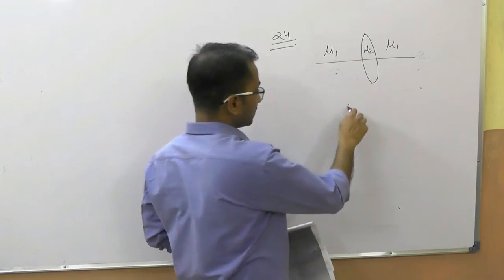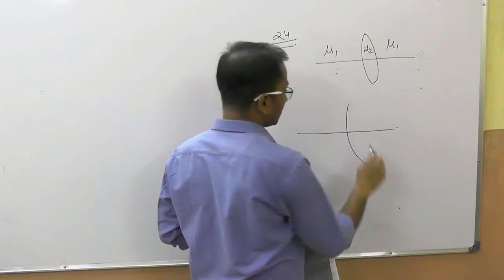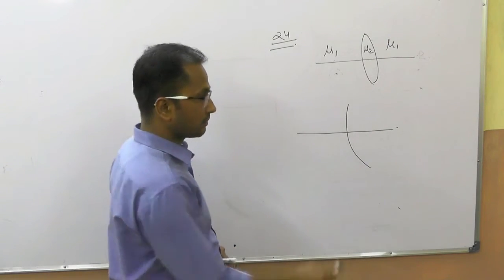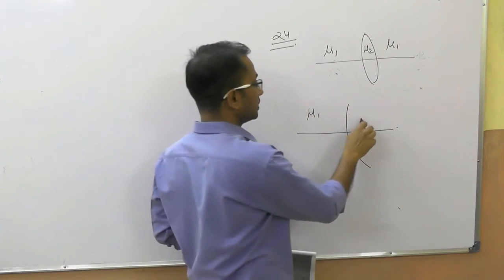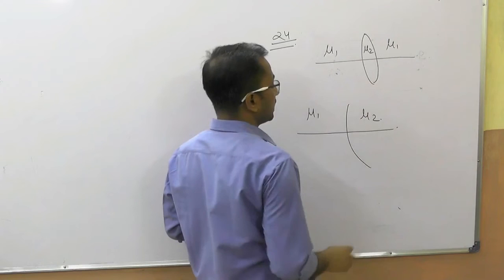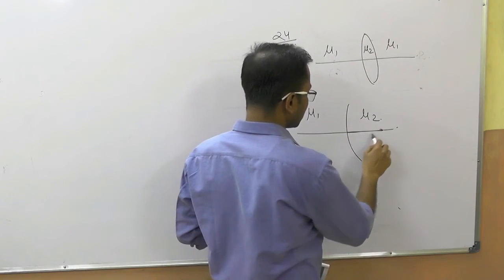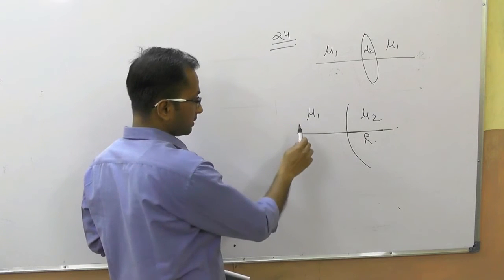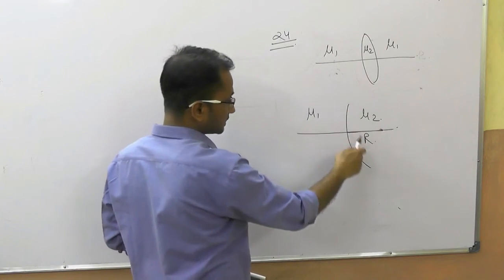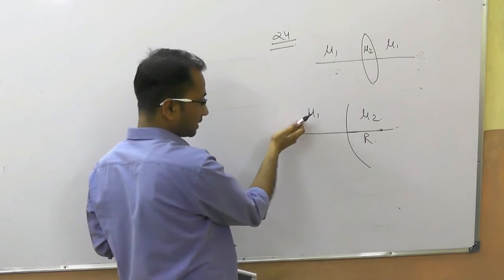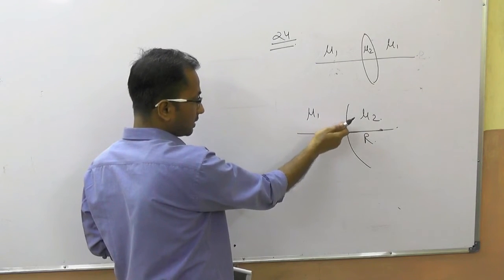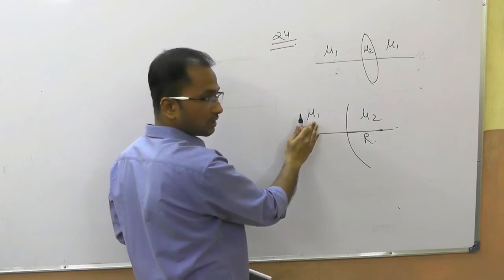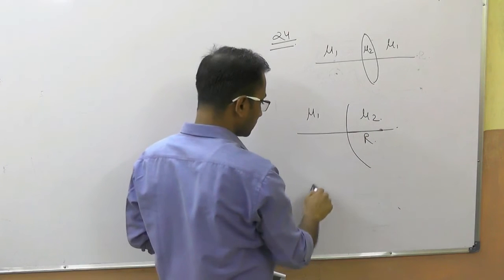As you know, for refraction from a curved surface, suppose this is mu1, this is mu2, and the radius of this curved surface is R. Then for refraction from this surface, the refractive index left of this curved surface is mu1 and right of it is mu2.